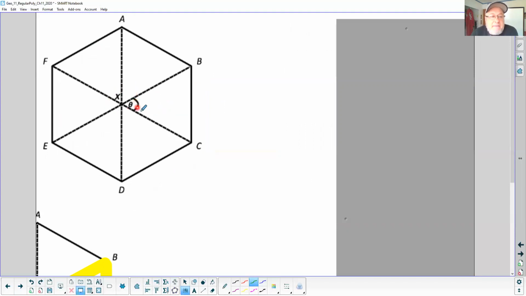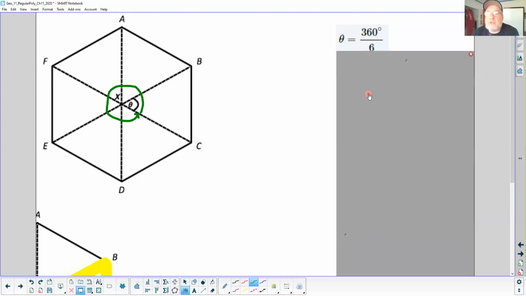Well, since a full, complete rotation around is always 360 degrees, if this is a regular hexagon, all of these are going to be equal. So if there's 360 degrees in a full turn, and there are 6 triangles there, if I divide by 6, you're going to get that each one of these little angles is 60 degrees.